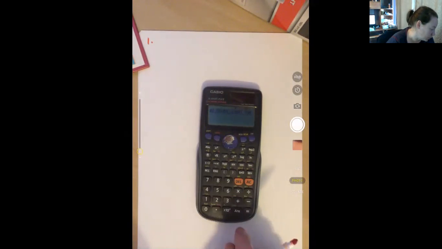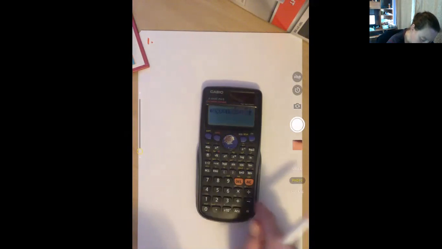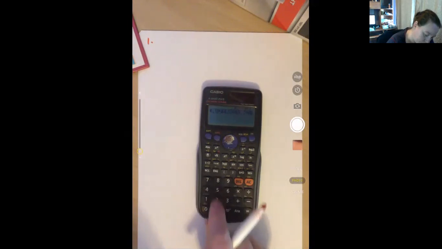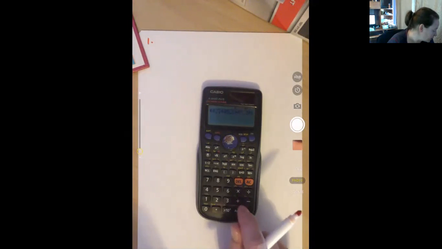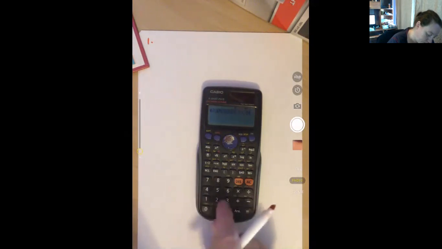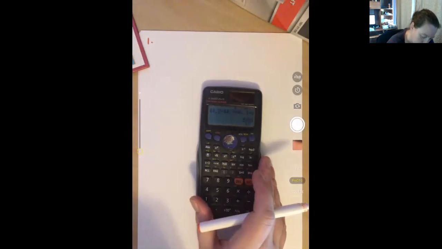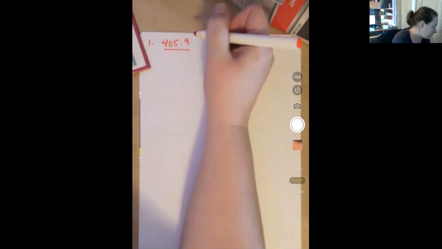I'm literally taking the number straight off the page, plus 44.7 plus 45.2 plus 45.1 plus 45.3 plus 44.6 equals 405.9, and then I divide it by the 9 runs.